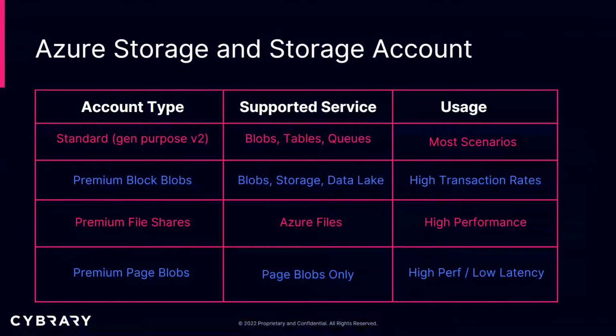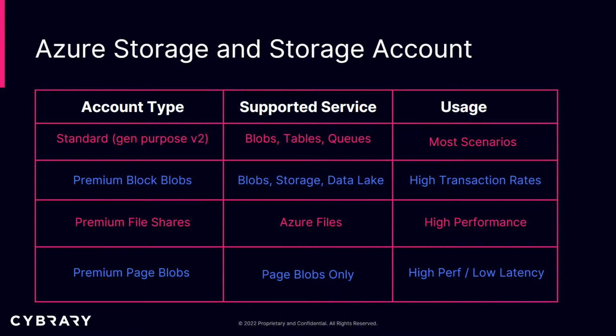Let's now look at Azure storage accounts. In this table, we have the storage account type, the type of services that they support, and the type of storage usage. The first account type is the standard, also known as general purpose V2.